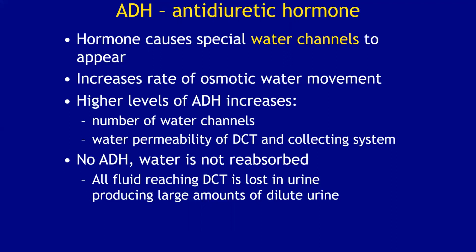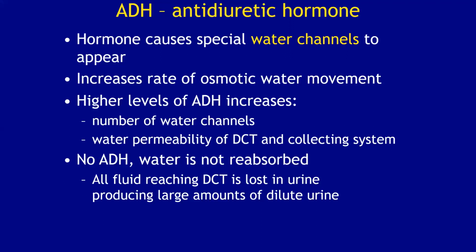ADH, antidiuretic hormone, causes water channels to appear in your urine production system. So it increases the rate of osmotic water movement. So if you have high levels of ADH, a high amount of antidiuretic hormone, then you have a higher number of water channels that are open, and you will have a lesser amount of urine.